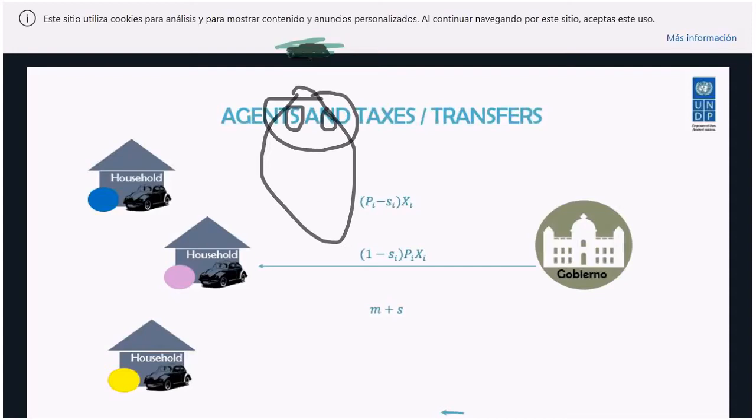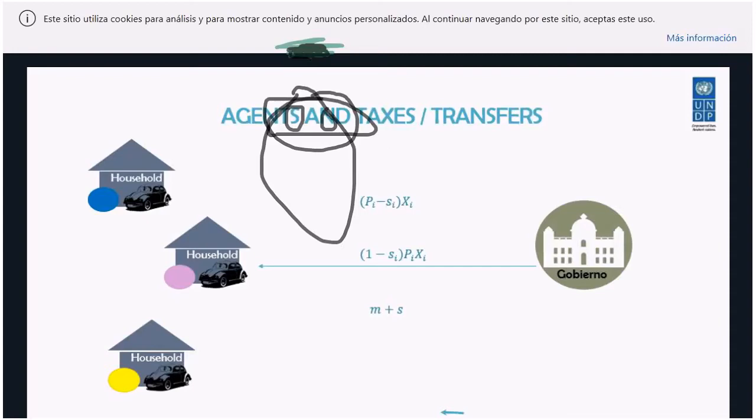So this is just a way to formalize the equation: price minus the subsidy times the quantity consumed, which sometimes can be expressed in kilowatts.